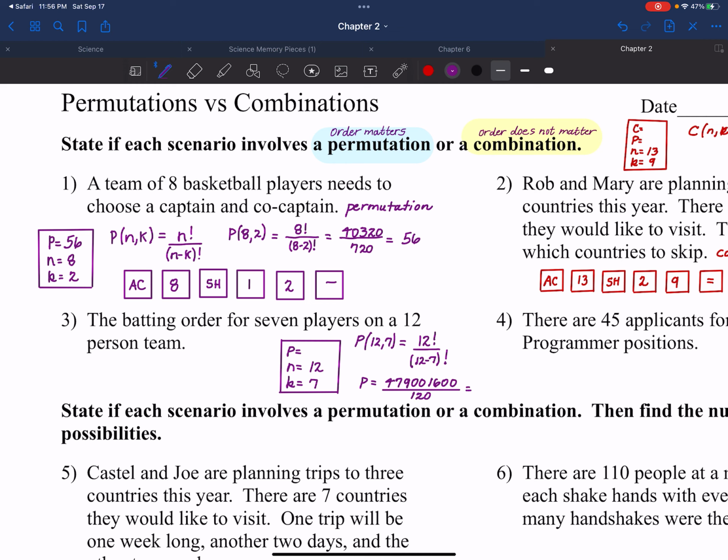So you have 479,001,600 divided by 120. And that cannot be right. Can it? 3,991,680. Let's see.